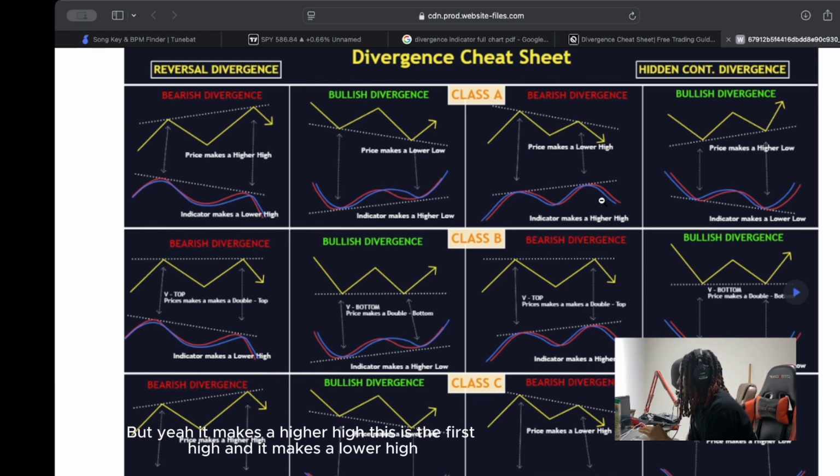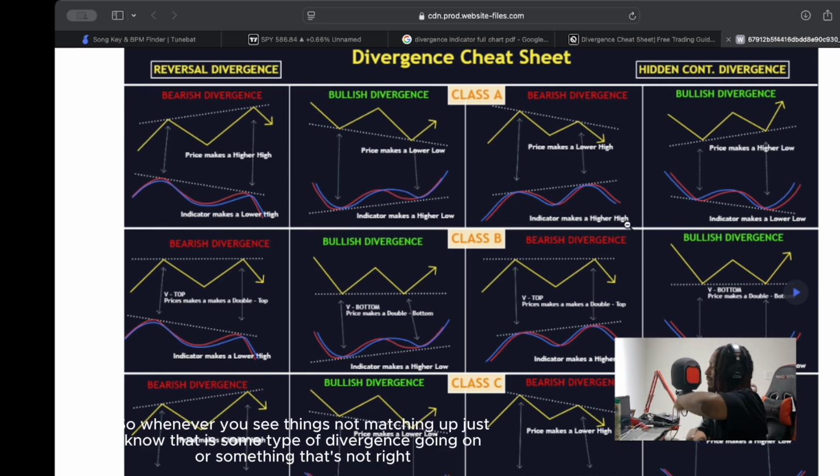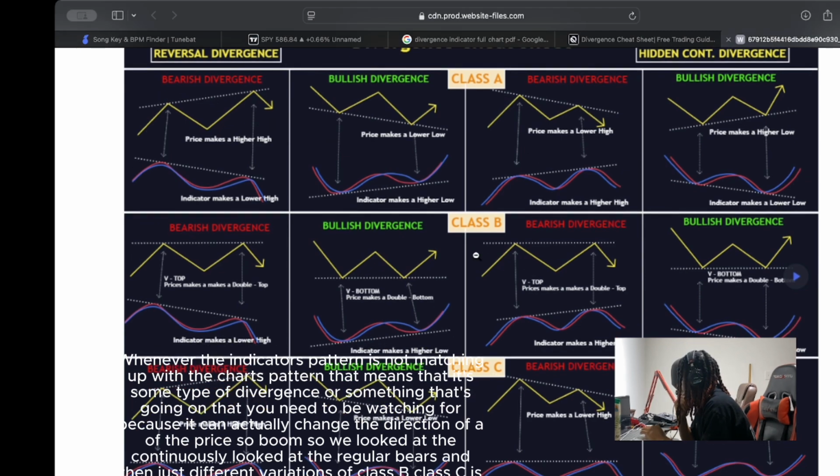It makes a higher high, this is the first high, and it makes a lower high. That's what the price makes, and then the indicator makes a higher high, higher than the previous high. It's not matching up. Whenever you see things not matching up, just know that it's some type of divergence going on or something that's not right. Whenever the indicator's pattern is not matching up with the chart's pattern, you need to be watching for it, because it can actually change the direction of the price.